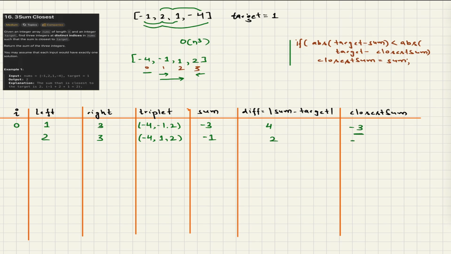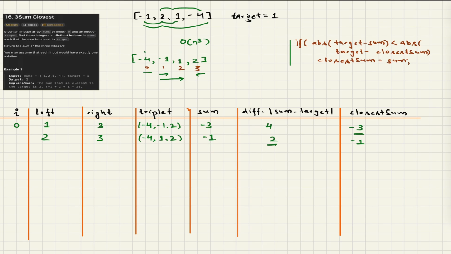Since this difference is smaller than the earlier one, my closest sum right now would be -1. We can stop here because the left and right would become the same, which will result in the loop stopping.